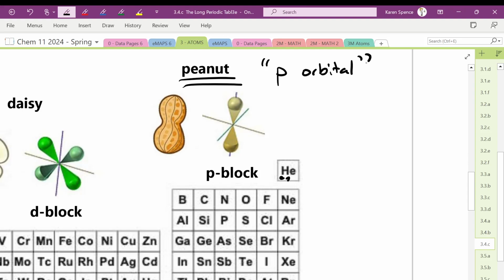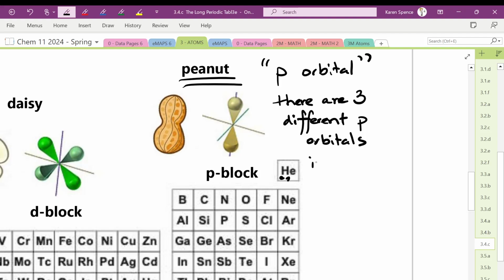And it looks like a peanut. There are 3 different p orbitals. Three different p orbitals in any one shell, in any one energy level.